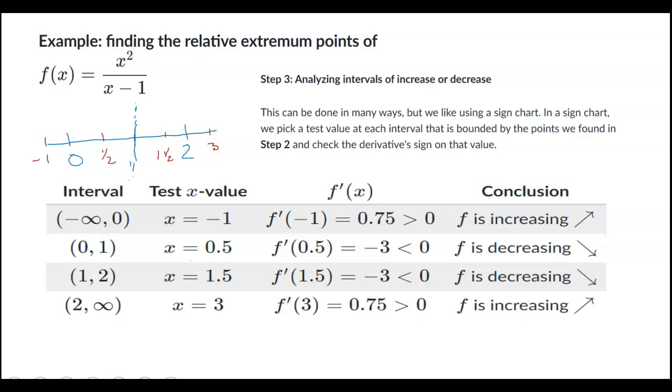So if you plug in -1, the top is always going to be positive, so we only really care about the bottom. Well, no, wait, my top is x squared minus whatever. That's the original. You need your derivative when you plug in.